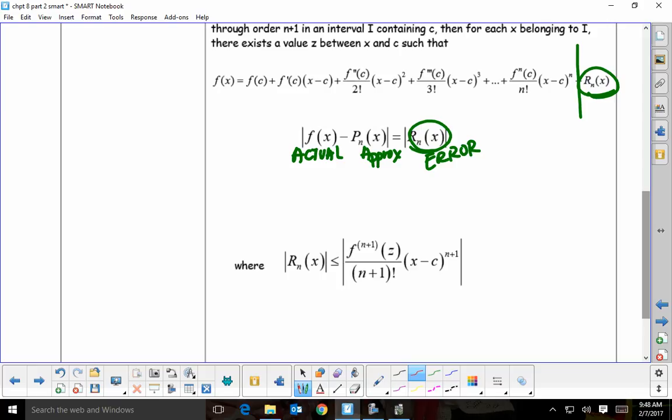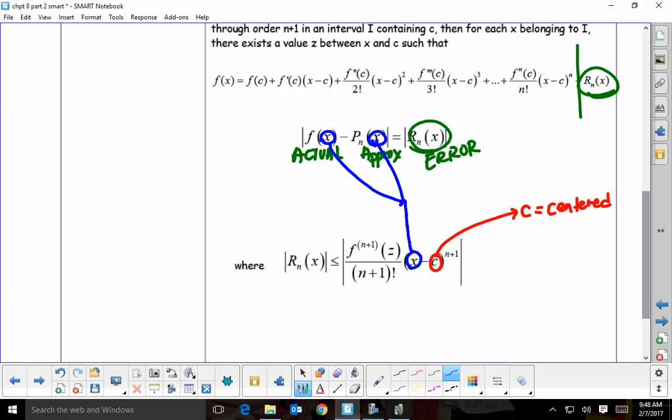Before we do, we're going to talk about what is the c value. C is where you are centered. Okay. What is this x value that I plug in? Because I'm trying to get a numerical answer for my error. The x is what I get for all of these guys.